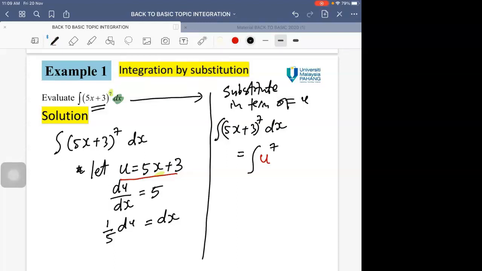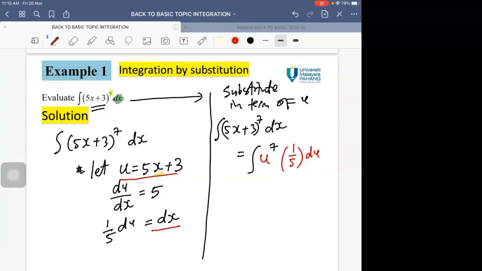And then what is your dx? The dx is actually 1 over 5 du. So remember, if you make a substitution, you let it in terms of u. When you want to integrate, you substitute in terms of u. Everything must change into u. You cannot have x anymore when you make a substitution.